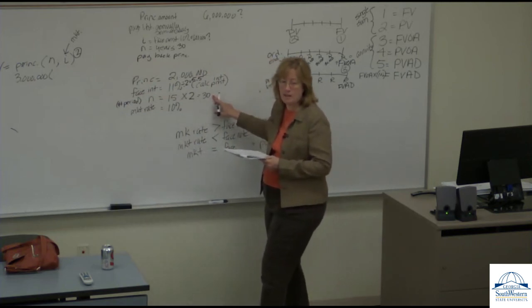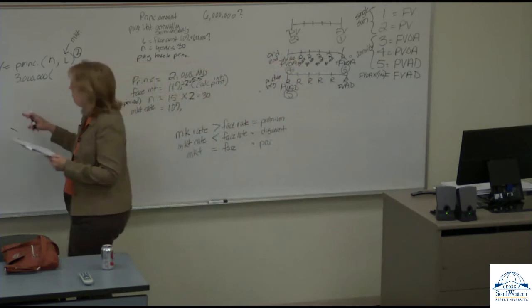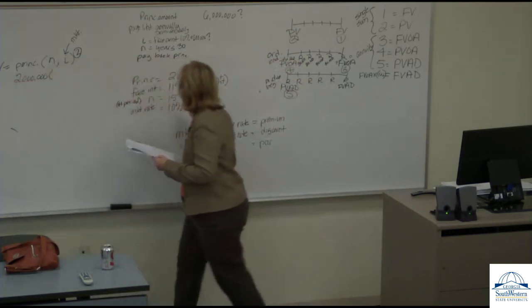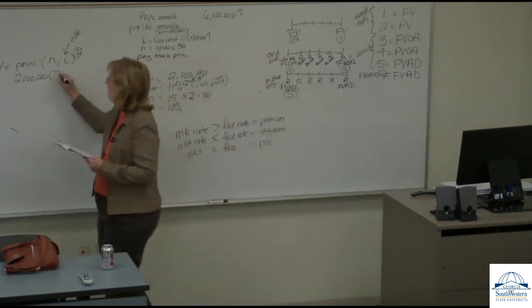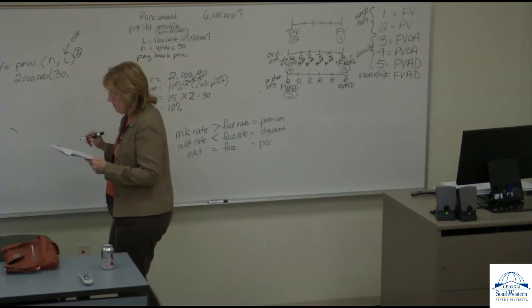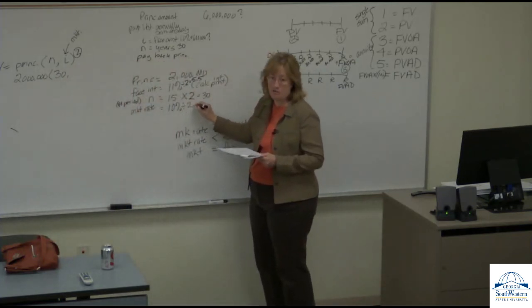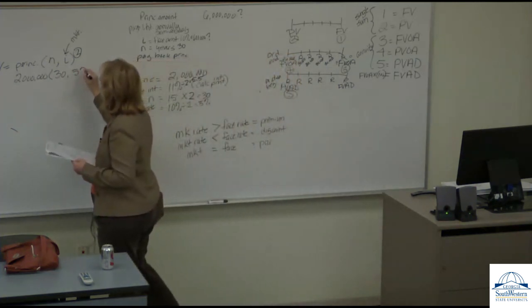Is it 2 million? 2 million. Yes, somehow my problem says 3 million, so that's going to be a problem. 2 million times 30 for the N. The interest rate is what? We're dividing this by 2, right? Okay, so the interest rate is 5%.